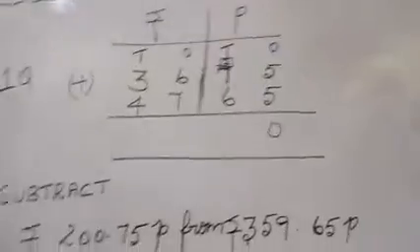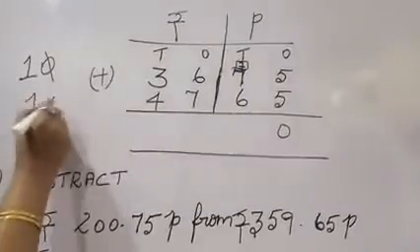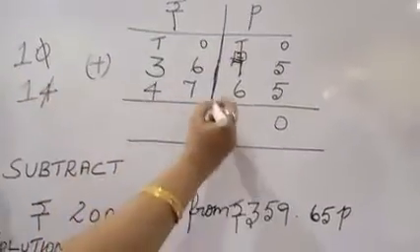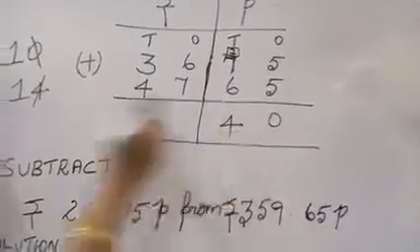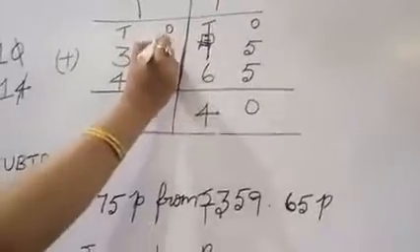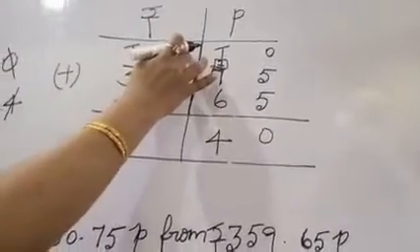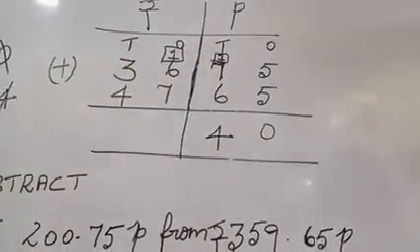How much do you get now? 14. So you strike out 4 and write it under the paise. How much? 4. You carry the remaining 1 into the rupees, under the ones place.